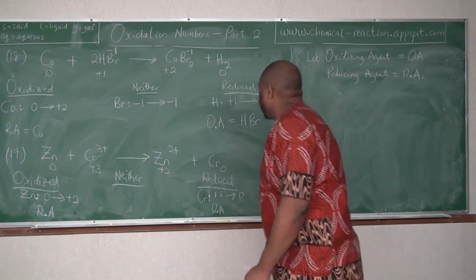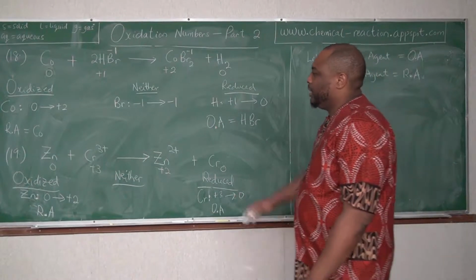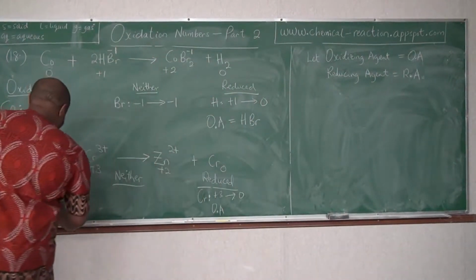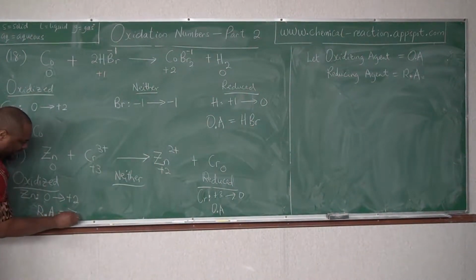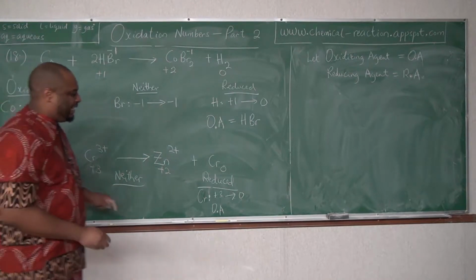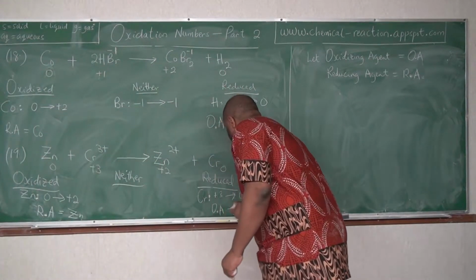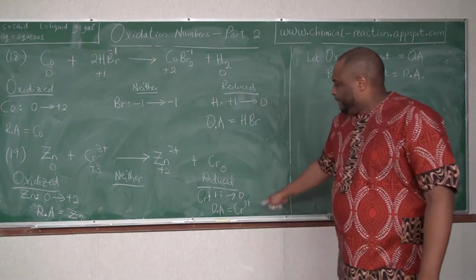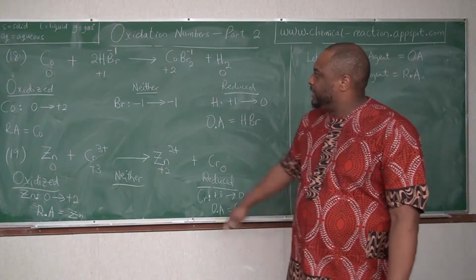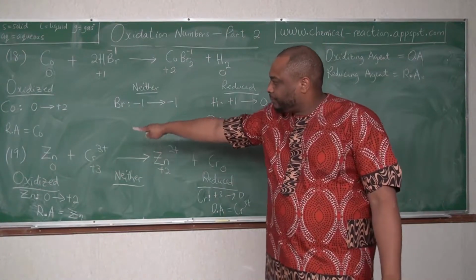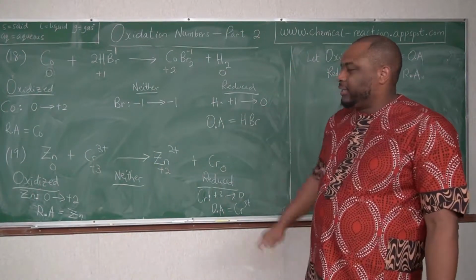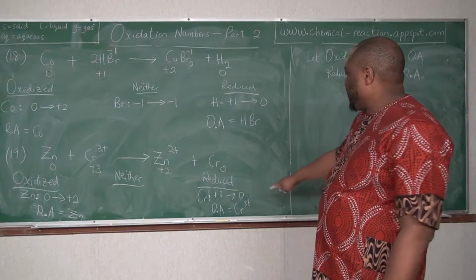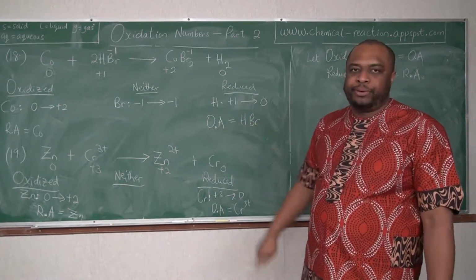The reducing agent here is zinc. The oxidizing agent here is chromium 3. Please write it as chromium 3. Don't write only chromium atom. The reducing agent here is zinc, because it is oxidized, and the oxidizing agent here is the chromium 3 ion.